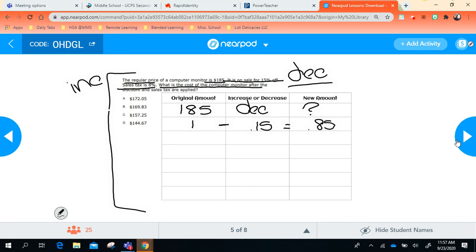Now for the last part of our first step. Remember, we're taking our decimals and we multiply them by what? What do we multiply them by? When I go to write them down here, I'm multiplying them by my original amount.